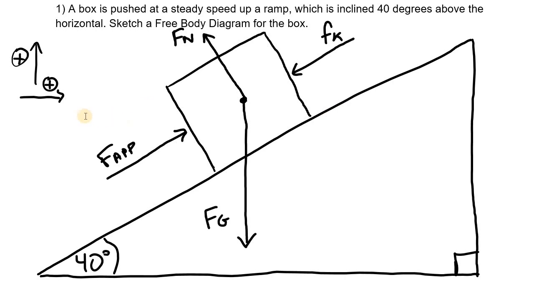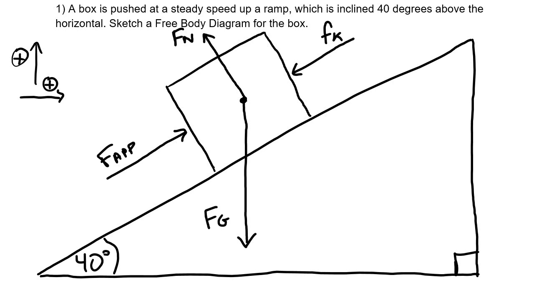Well, we were defining these as our positive directions: up is positive and to the right is positive. Notice that we defined this. What could I do here to help us out quite a bit?